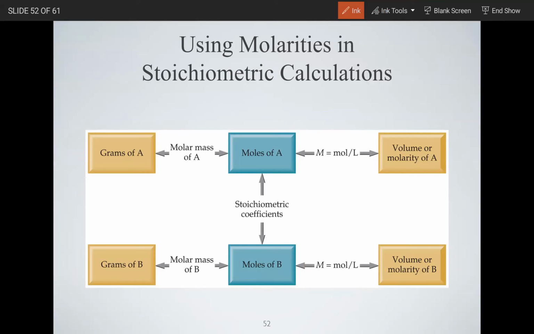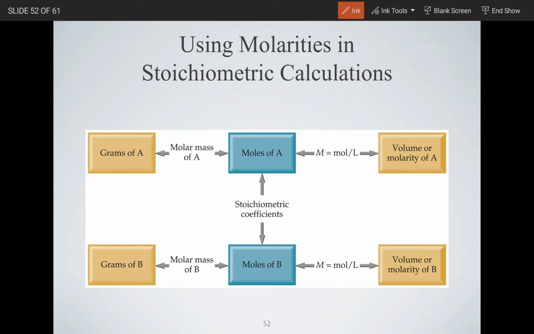What we're going to be looking at with these solutions is going to be similar, but rather than using molar mass, what we're going to be able to do is use the molarity to either go from moles to volume or from moles to molarity, depending on which direction we're trying to go there.